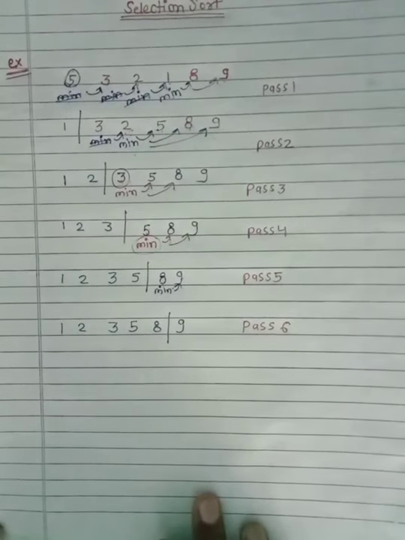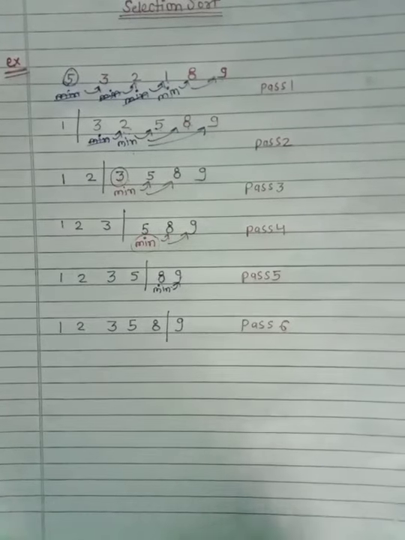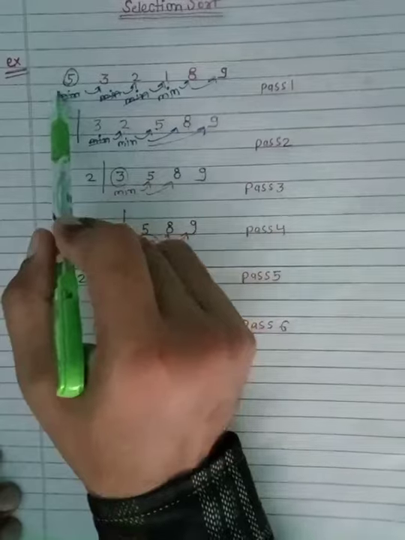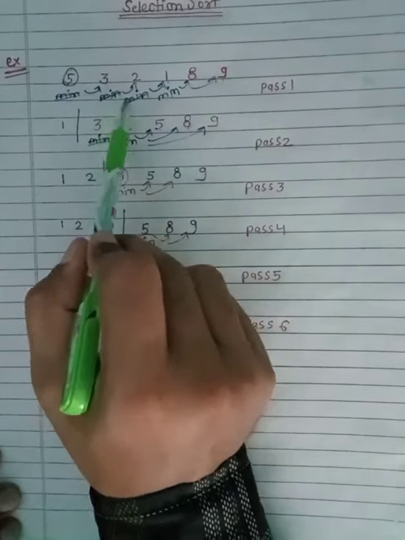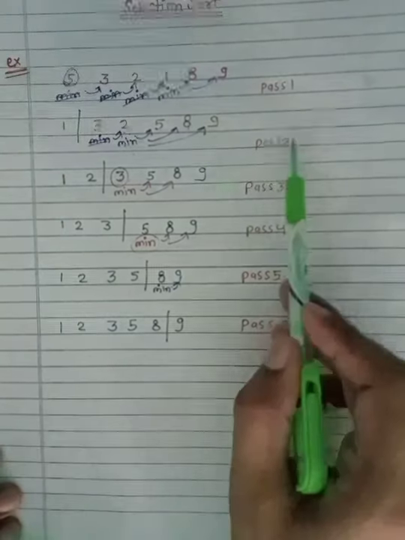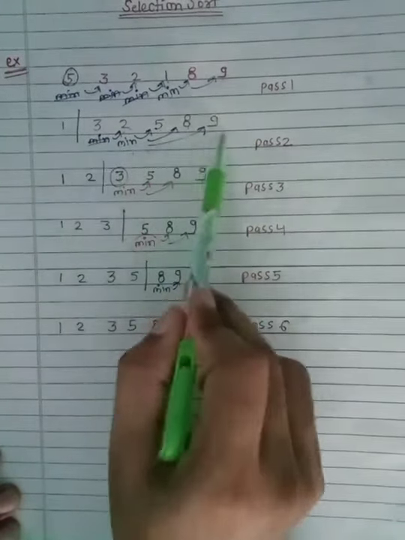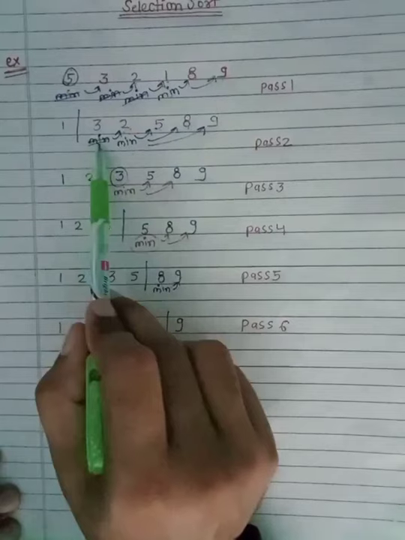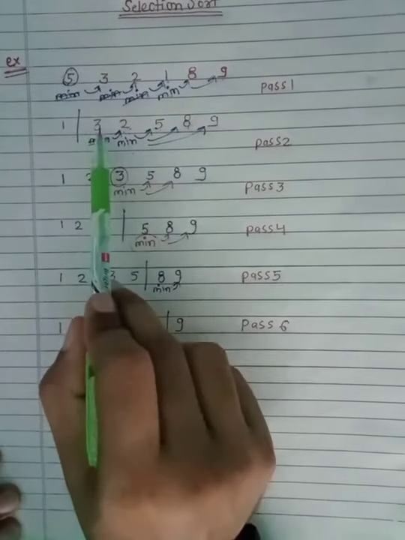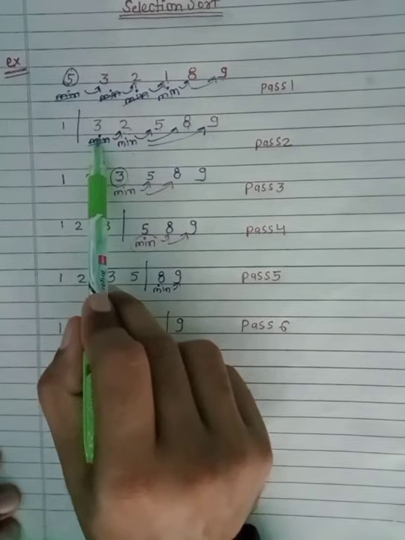So this is the way selection sort works. We just have to select the minimum value from all the given elements and shift it to its leftmost position. In the second pass we will traverse for the second minimum value and shift it to its correct position.